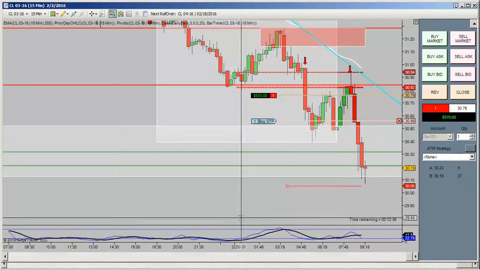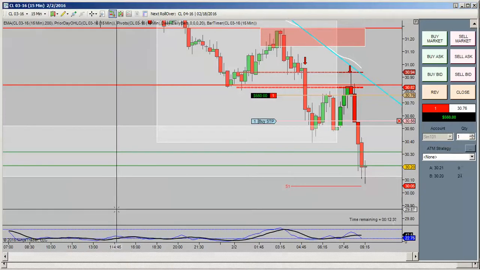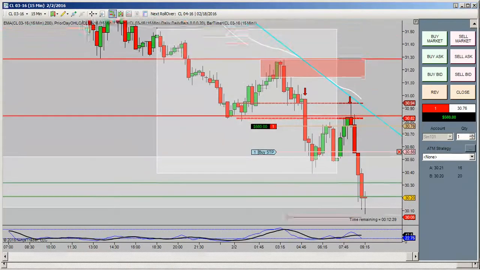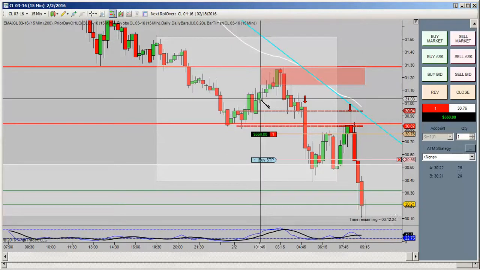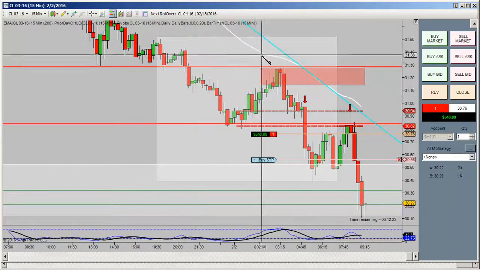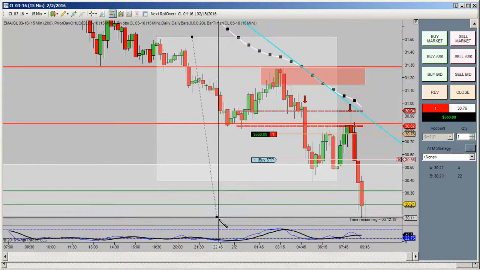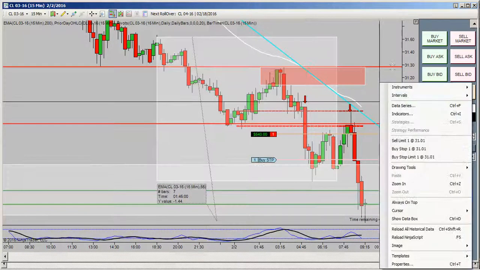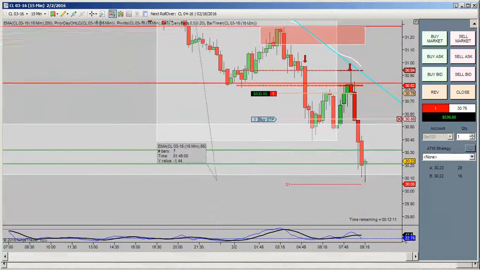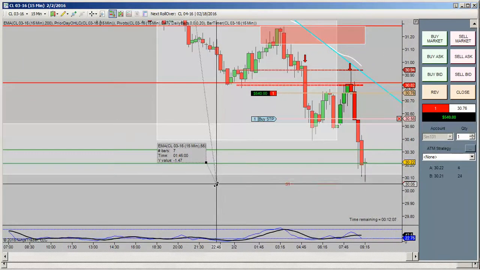Let's do some measurement on the 15-minute, from the Globex. All right, from the Globex high, we've already moved $1.50.